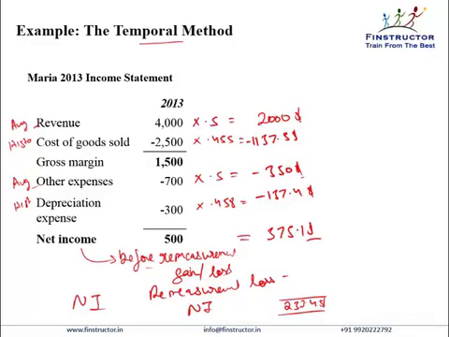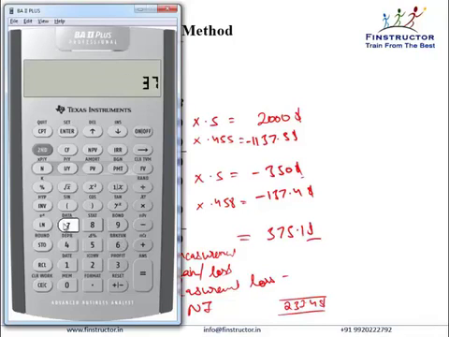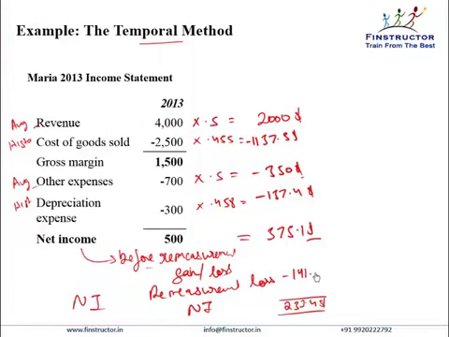So the remeasurement loss will be calculated as 375.1 minus 233.4, that is $141.7, giving us a net income of $233.4. So with this, we have translated the income statement as well as the balance sheet successfully using the temporal method.